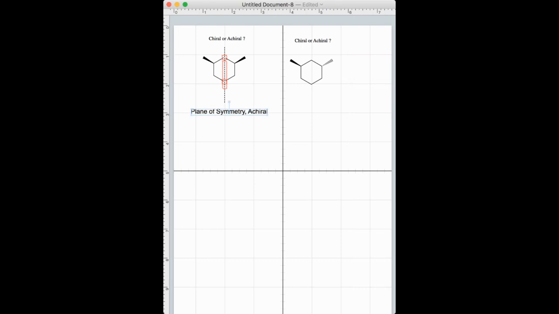On the molecule on the right side, the same plane is dividing the molecule in two sides that have the same connection.